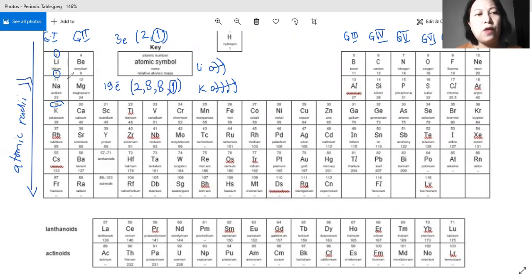Okay, so from the top to the bottom of the same group, once again, the trend of the atomic radii is increasing. Okay, now related to the ionization energy.